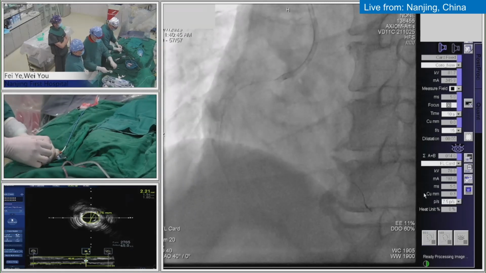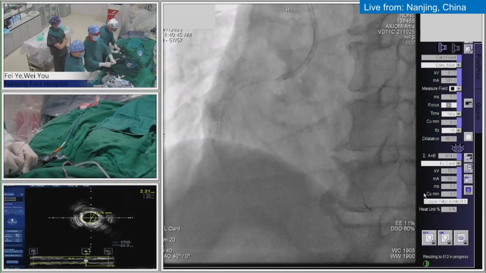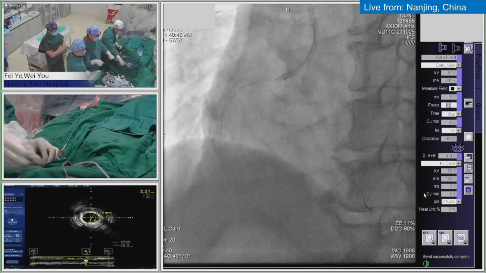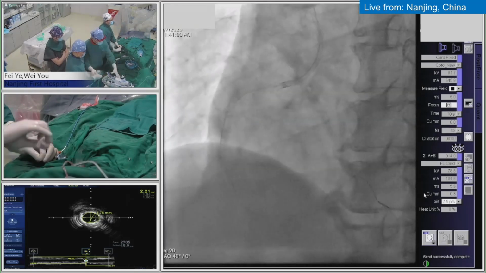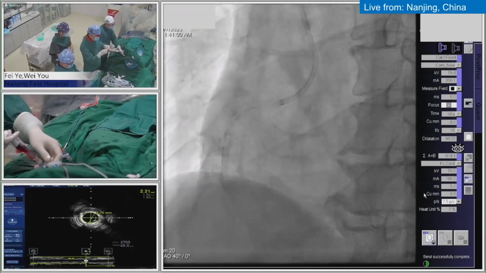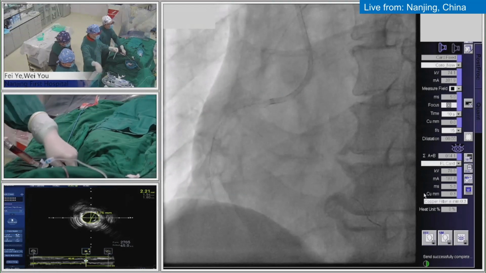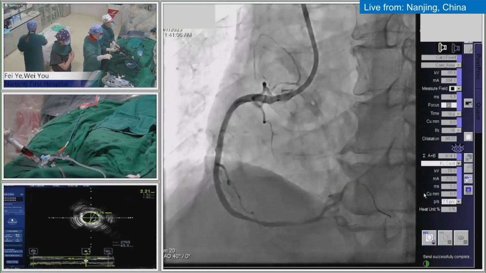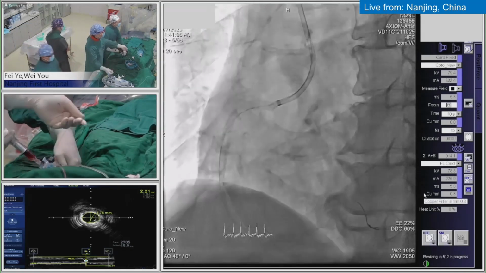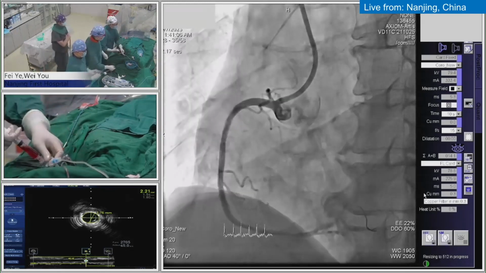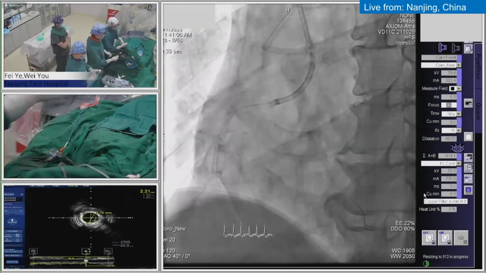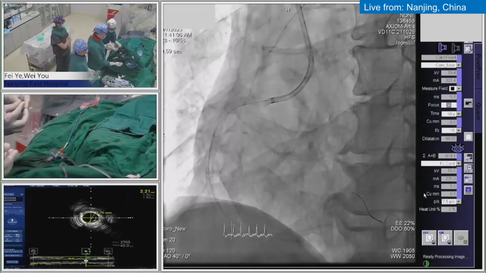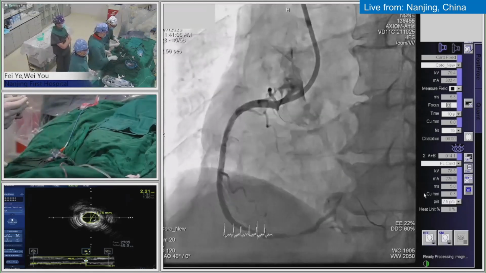Give me the 3.5 NC balloon. I will give the picture just after stenting. Seems good, but we still need the post-dilation for the stented segment. Is it the 3.5?